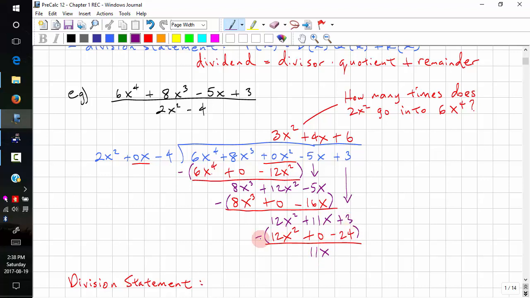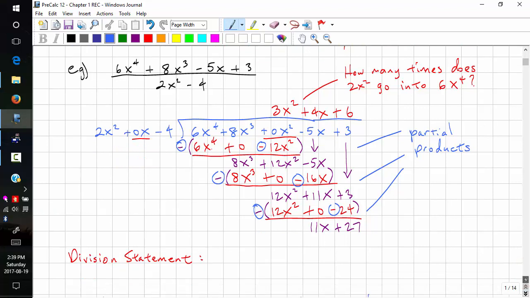And again, we have a minus, negative, that's plus 24, so we have plus 27. Again, these are called partial products. Okay, again, let's just be careful here. We have negative signs, negative signs, negative signs. So those always become positive.